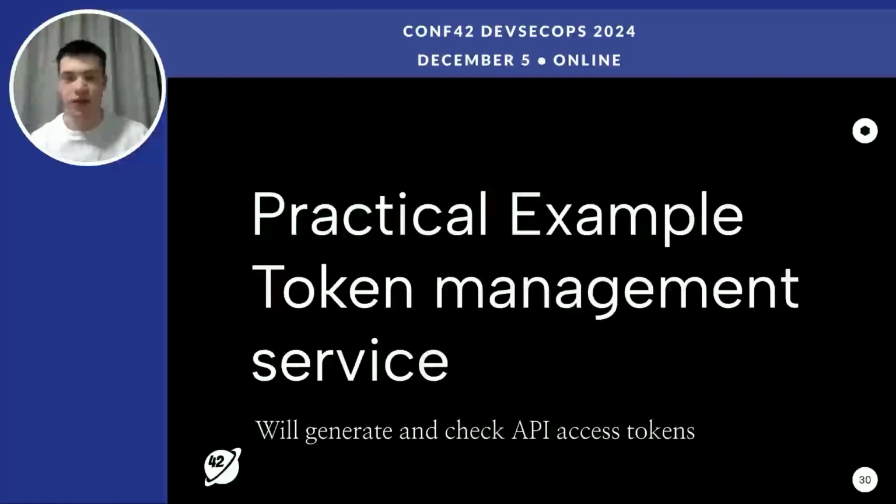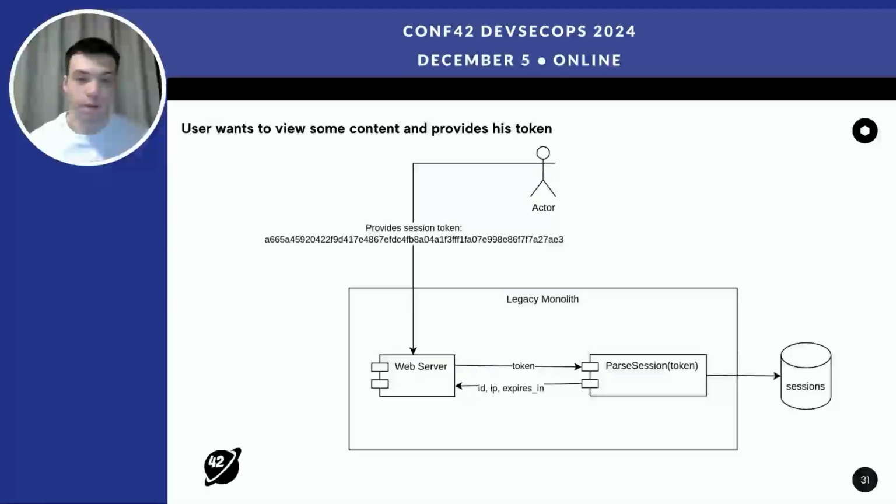So let's go to the practical example, and we will try to create a token management service by moving code parts from one monolithic code base. The system itself just generates and checks API tokens. We have our user, who provides a session token, like any string.